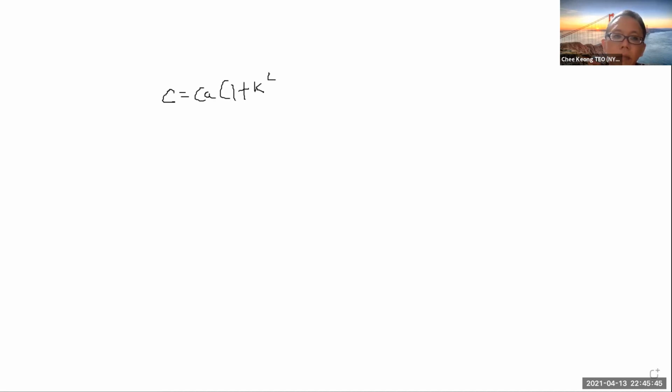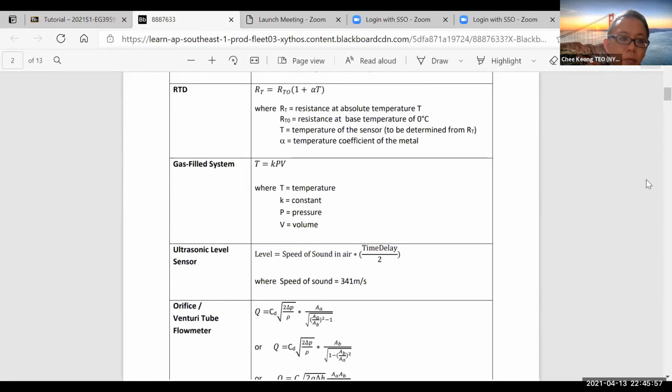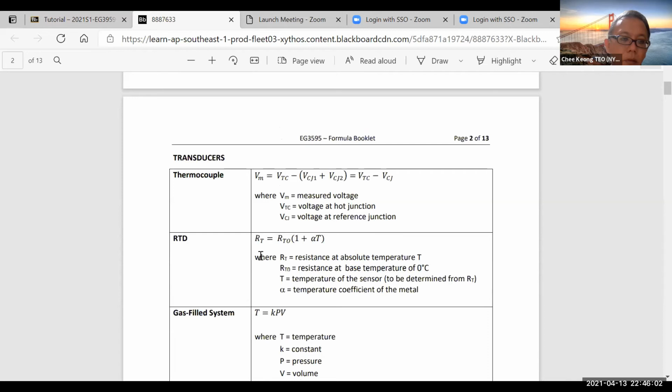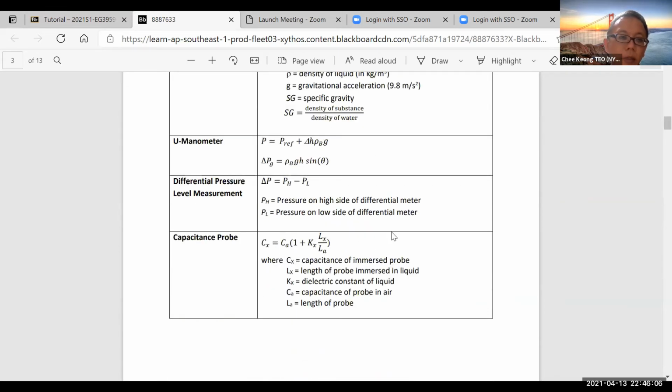So let's share the formula sheet. Here is the formula sheet. Now let's look at the capacitive probe. Thermocouple here, gas field, ultrasound, and the capacitive probe is given by this: CX, CA, KX, LX over LA.